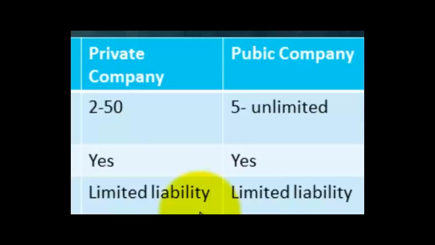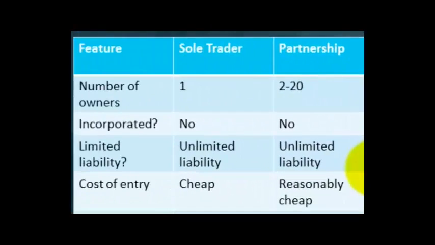Now this is opposed to the sole trader and partnership, right, where you can put in $100,000 either by yourself or in a partnership, and if the business unfortunately goes bankrupt and your debts that you owe after all your assets have been sold off exceed that amount, then you have to come up with that excess from your own personal assets.